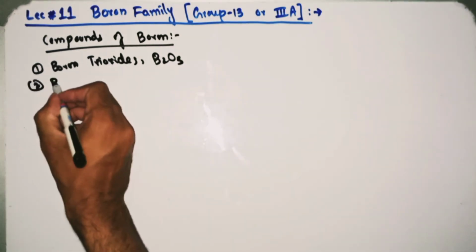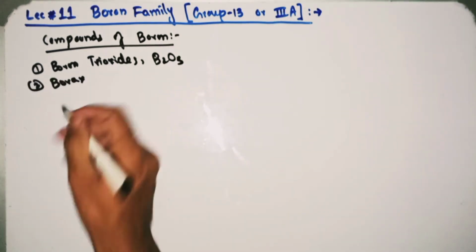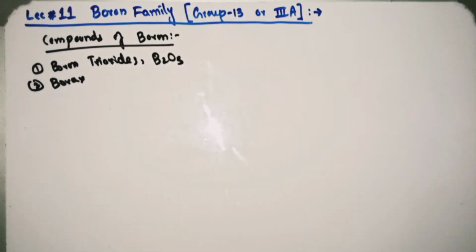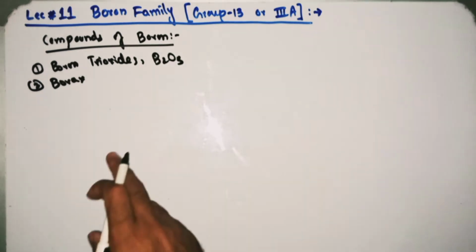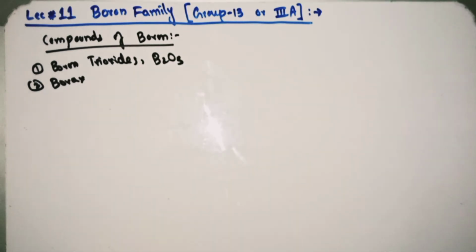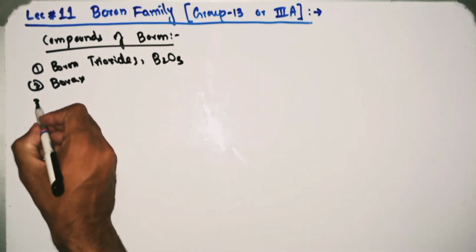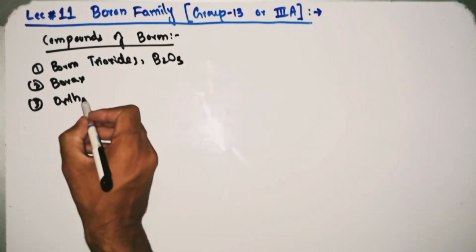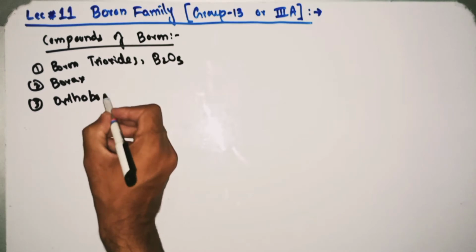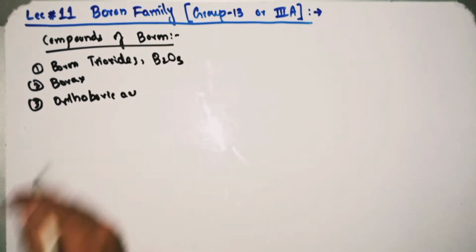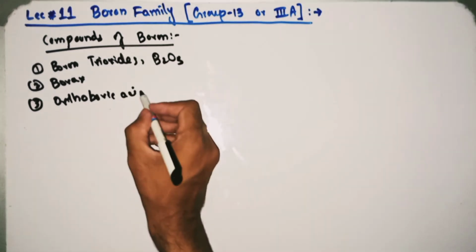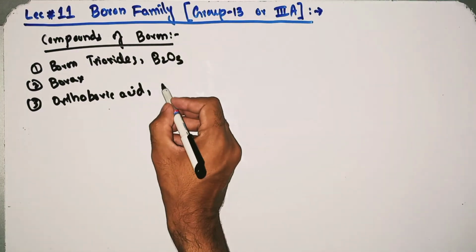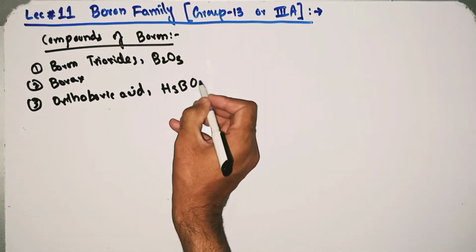Borax is also a compound of boron, and in the formula of borax, water is also involved. It is sodium tetraborate. Another compound is orthoboric acid, also called boric acid, with the formula H3BO3.